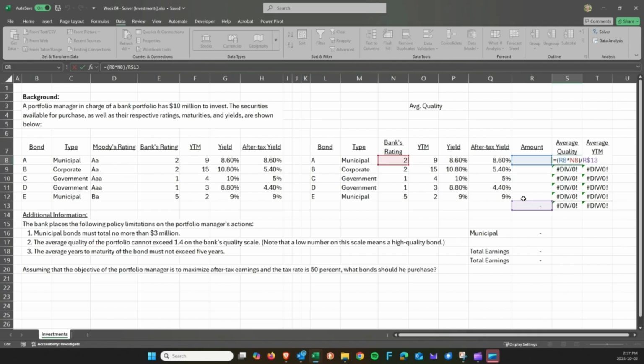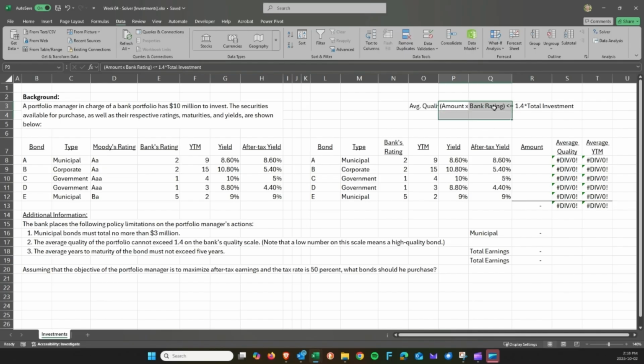So what I can maybe do is structure this inequality a little bit differently. I have amount invested times bank rating, maybe amount times bank rating must be less than or equal to 1.4 times total investment.